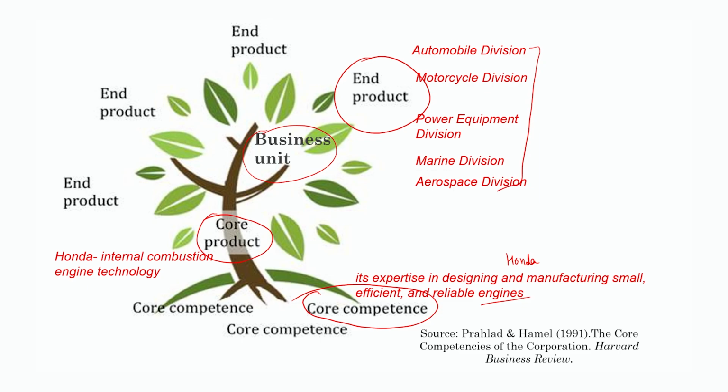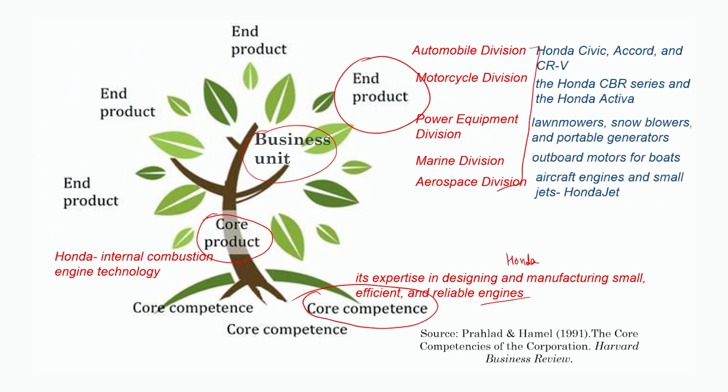Now, from these business units, we have various kinds of end products like Honda Civic, Accord, CR-V in the automobile division, Honda CBR series, Activa in the motorcycle division, and engines for lawn mowers, snow blowers and portable generators under the power equipment division. They also manufacture engines for outboard motors for boats, which is part of their marine division, and aircraft engines and small jets, for example HondaJet, under the aerospace division.